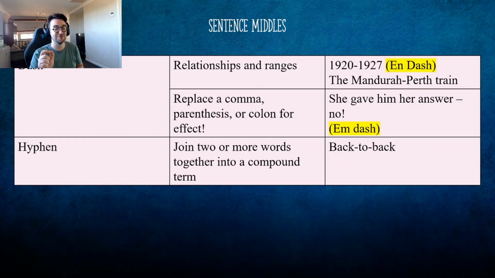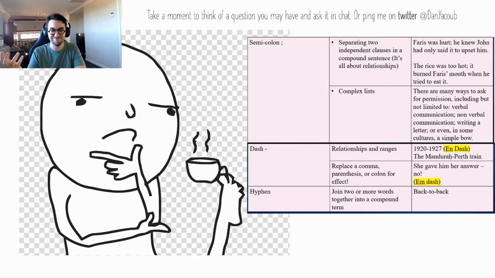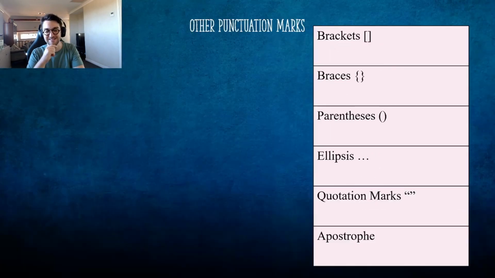Also, it draws attention, right? So if you use a semicolon, people are looking to figure out if you've used it correctly or incorrectly. You just don't want to draw that heat, I suppose. But it is useful to know, and you do look incredibly intelligent if you do use it correctly.